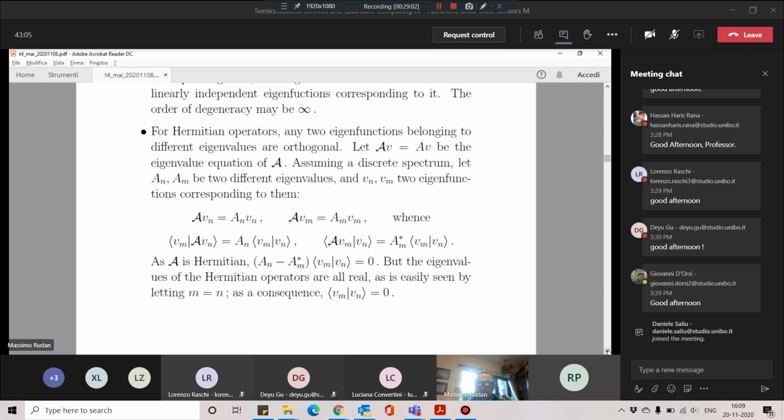We assume for simplicity a discrete spectrum. So the eigenvalues will be some A1, A2, etc. So two of them will be some A sub n and A sub m. So assume that these two eigenvalues are different from each other.